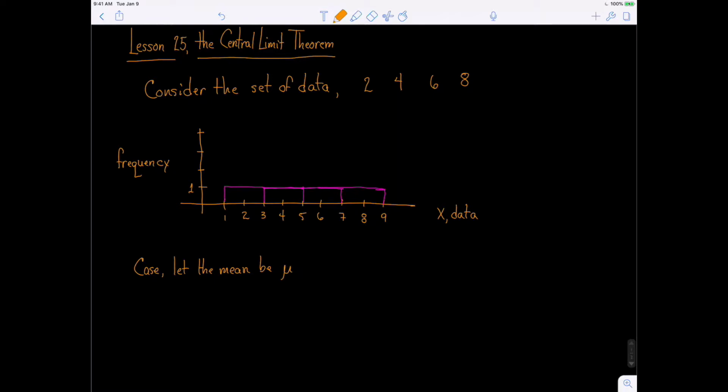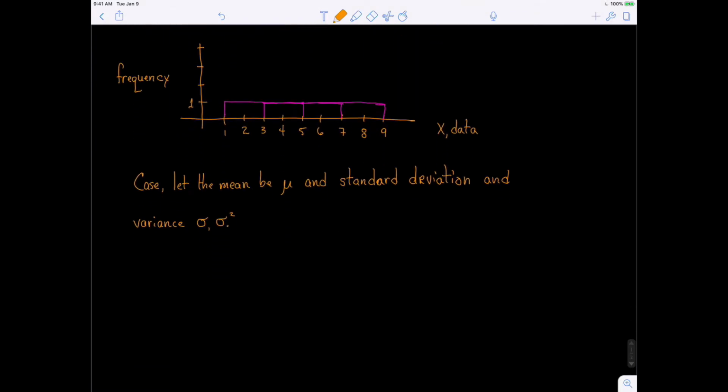If the mean is mu, and standard deviation and variance, we'll use sigma for standard deviation and sigma squared for the variance. Okay, so I think we're ready to begin.